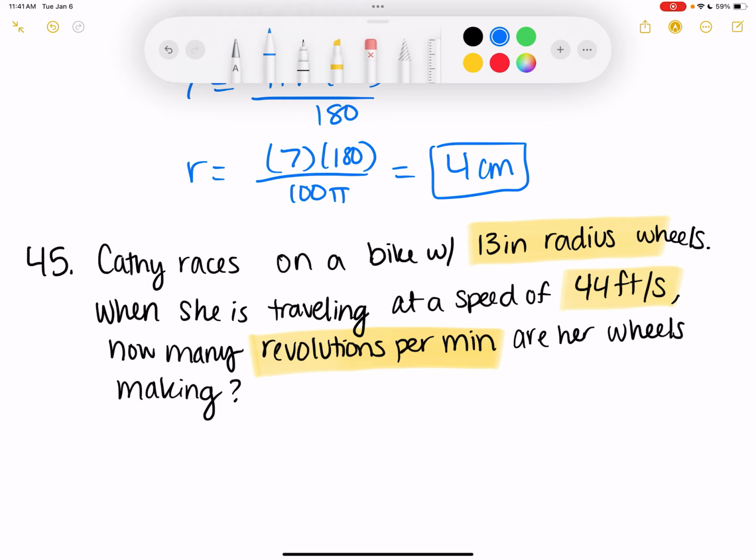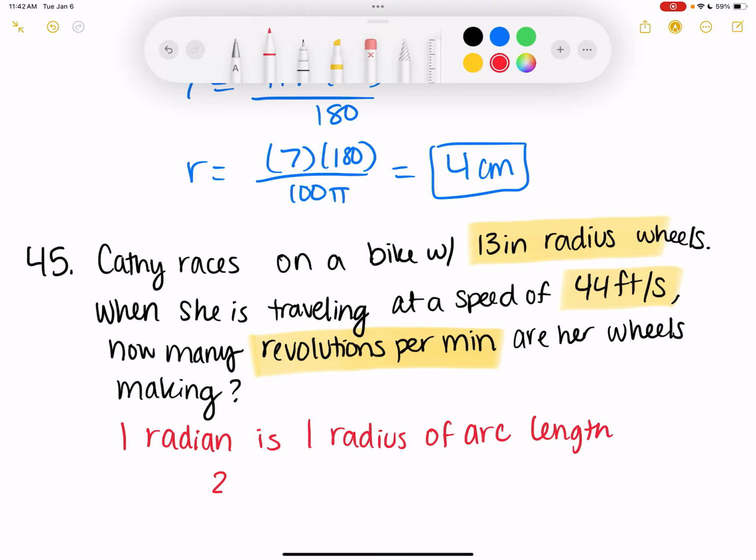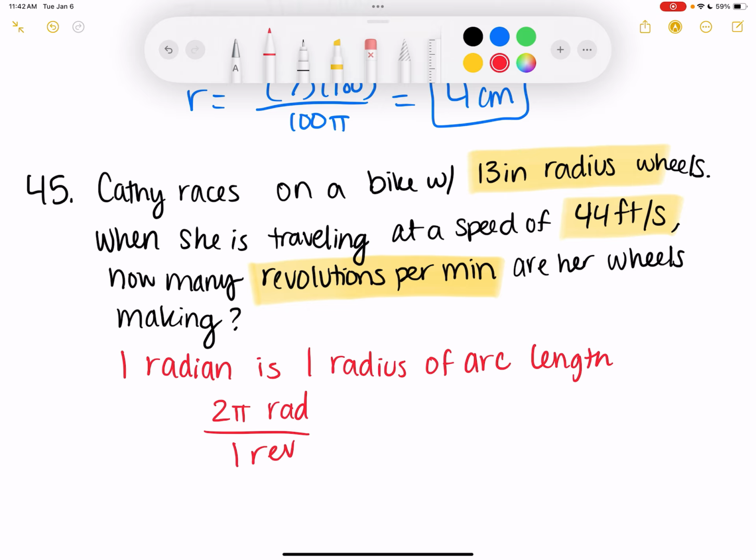Another conversion that you need to be aware of that probably was not in your notes is that 1 radian is 1 radius of arc length. So the conversion factor is 2 pi radians over 1 revolution when I'm dealing with revolutions, which is how many times essentially the wheel's going around.